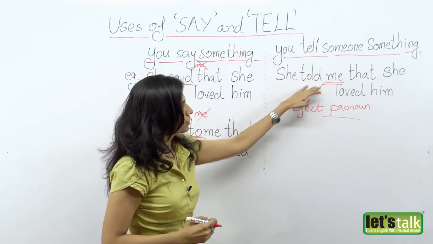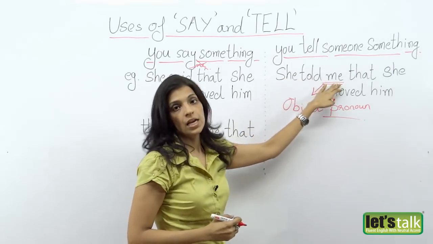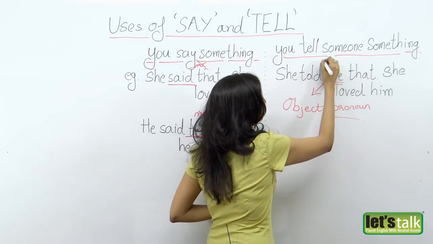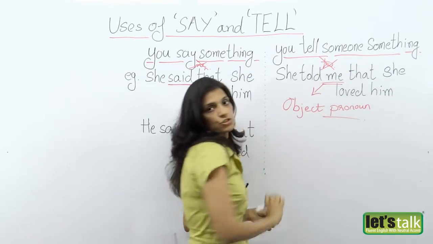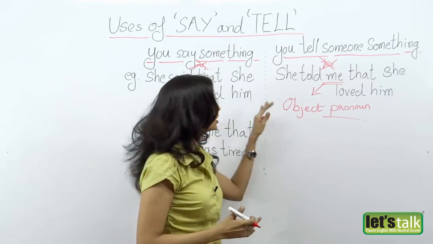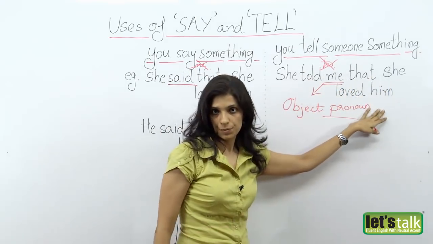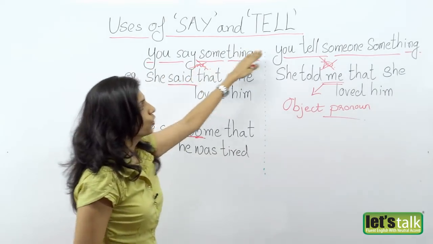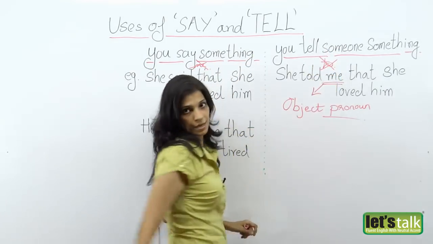So you use an object pronoun and say she told me. Again here a lot of people get confused and say she told to me, which is wrong. It's not she told to me, she told me that she loved him. So keep this in mind friends. You say something or you tell someone something.